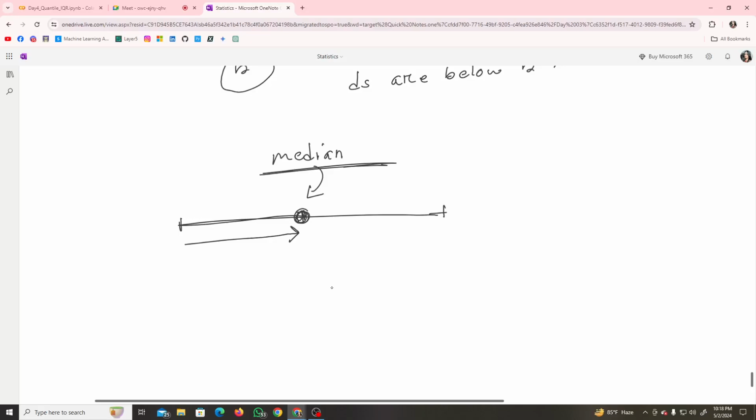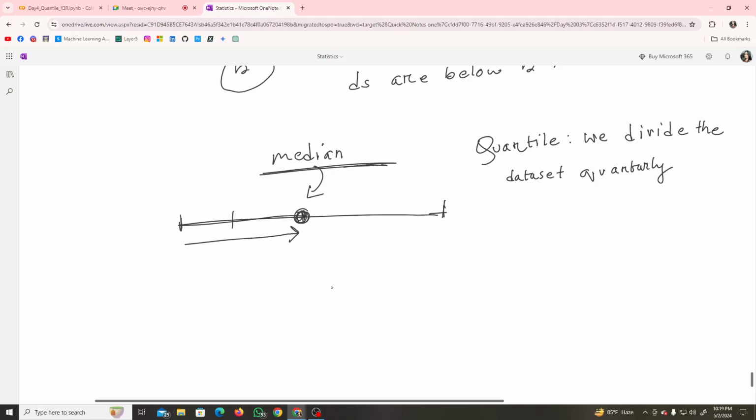So in quartile, we divide the dataset quarterly, which means if we consider this data as 100% of the data, we will divide it into 4 parts.